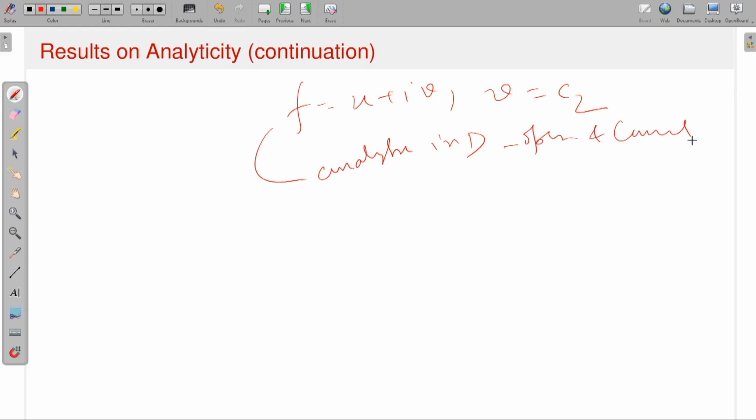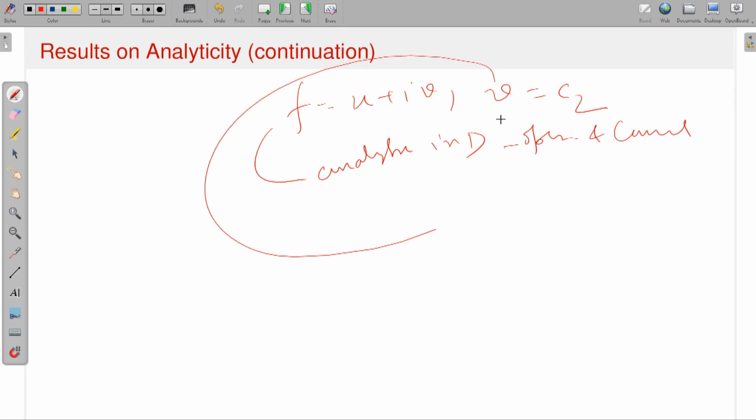Now analyticity implies differentiability. The necessary conditions for differentiability imply that the partial derivatives of u and v exist and they satisfy the Cauchy-Riemann equations. Now come back here, v is constant, so therefore v x is 0, v y is 0, perfectly alright. Now again using the CR equations, you can say that u x is 0 and u y is 0.